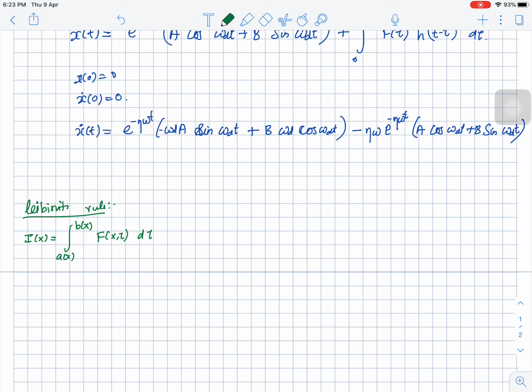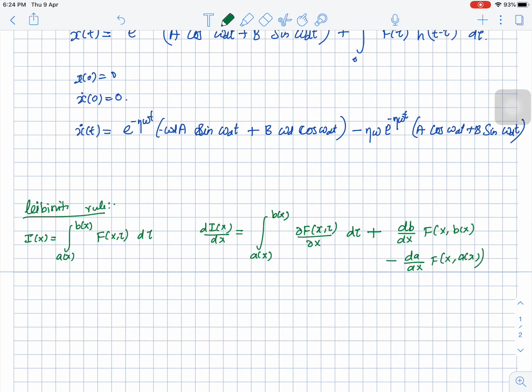If we take the derivative dI by dx, this will be the integral from a of x to b of x of dou f of x comma tau by dou x d tau, plus db by dx into f of x comma b of x, minus da by dx into f of x comma a of x. So this is the equation.